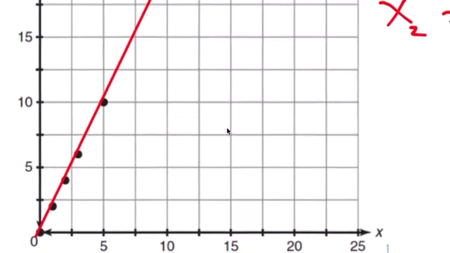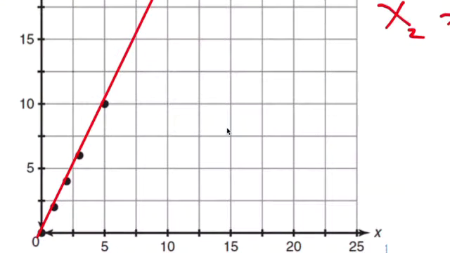Alright, I can use almost any point. I like this one. That's 5 and 10. And I like this one. I made my own dot. Notice I used one that's a dot that's already there, and then I made my own here. Oops.